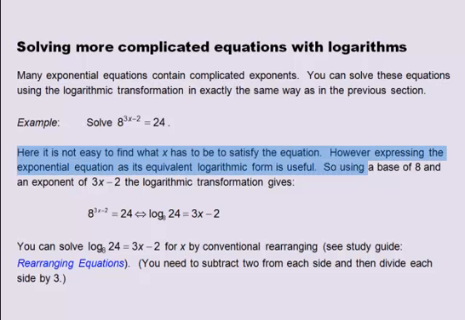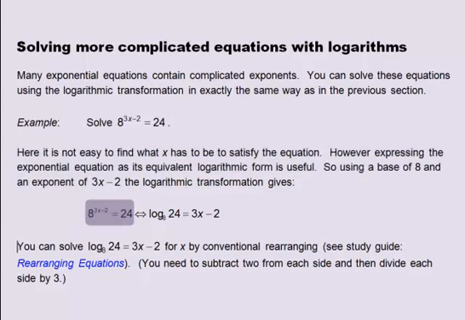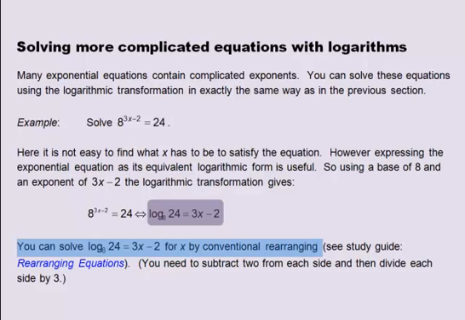So, using a base of 8 and an exponent of 3x minus 2, the logarithmic transformation gives: 8 to the power 3x minus 2 equals 24 transforms to log to the base 8 of 24 equals 3x minus 2. You can solve this for x by conventional rearranging.